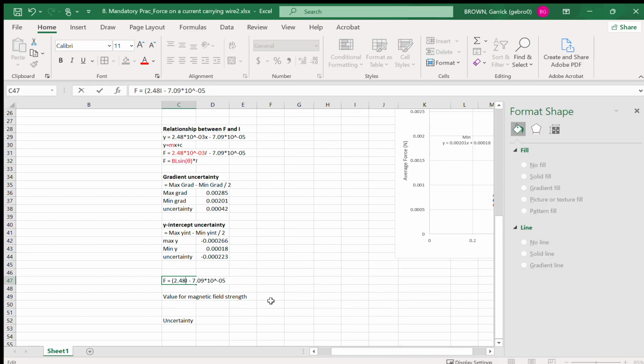Maybe I'll take this away and just go plus minus, and it's our gradient uncertainty 0.00042, and now we have our y-intercept is going to be that plus or minus 0.000223.